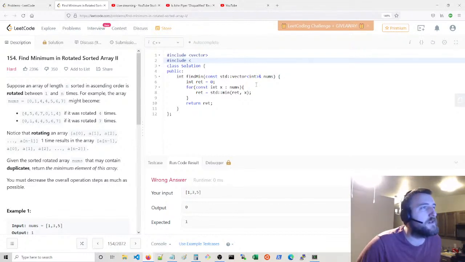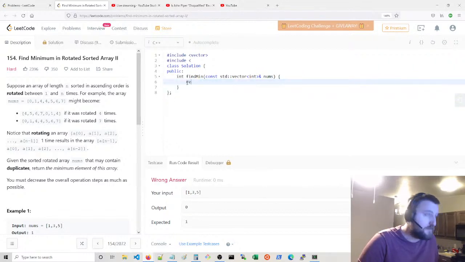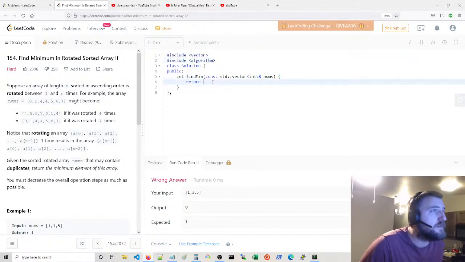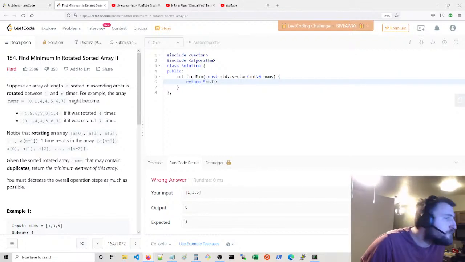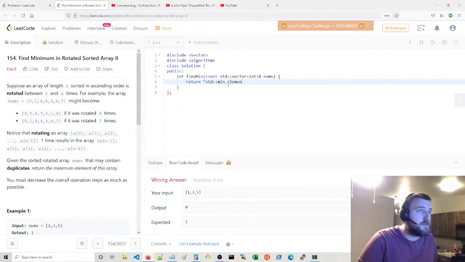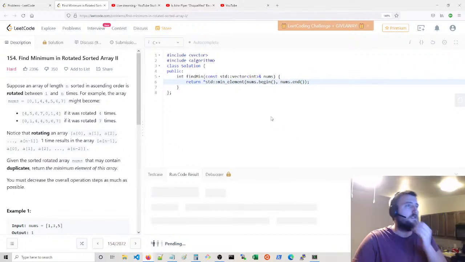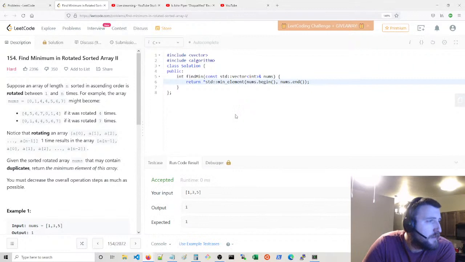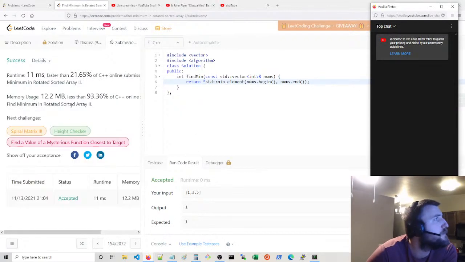Oh, actually, you can even do one even better. There's at least one element, right? Yeah. Standard, and it's just min_element of nums.begin, nums.end. I think that's all you need really. And this should run fast enough.